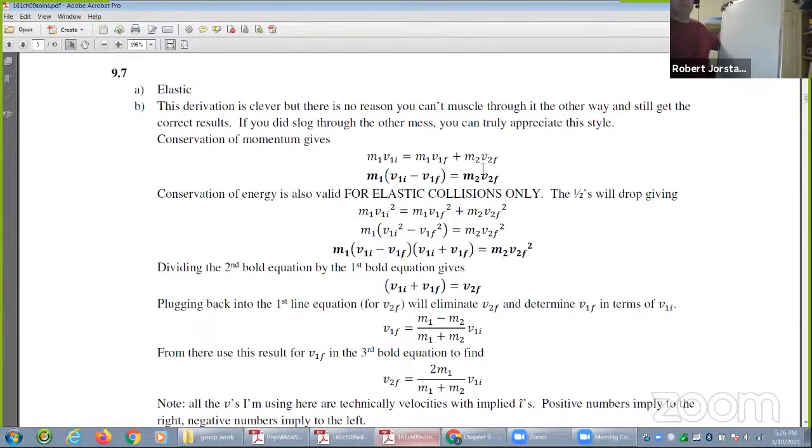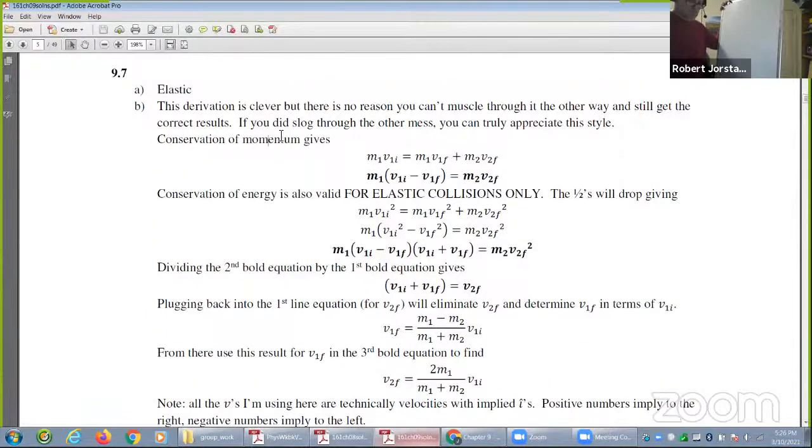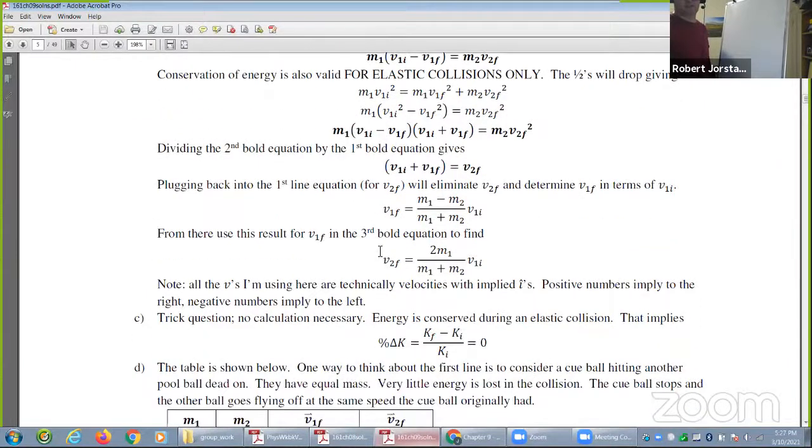If you try to do it without being clever, it will be painful. So what I did is I showed you a trick. So 9.7 is one I would follow my derivation. And you get these weird results here. I did some tricks in here, so you better pay attention and follow the solution for this one to save yourself a lot of time.